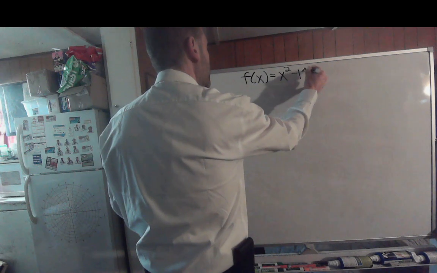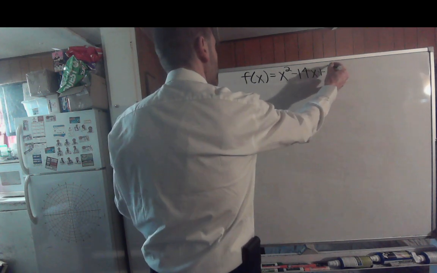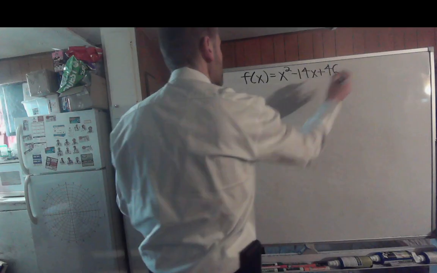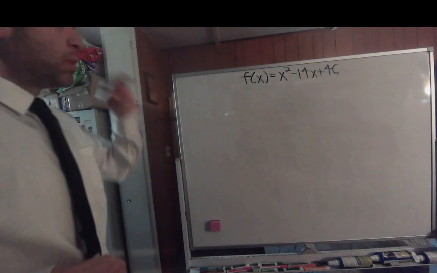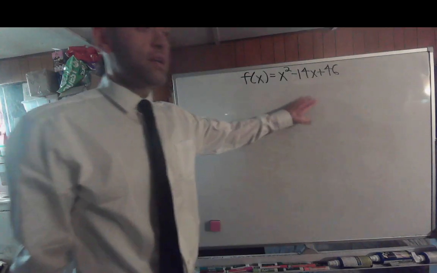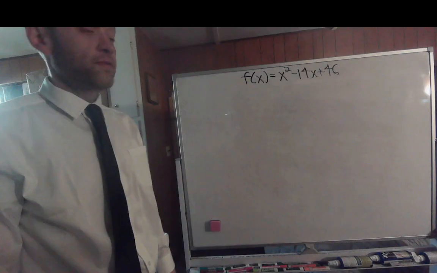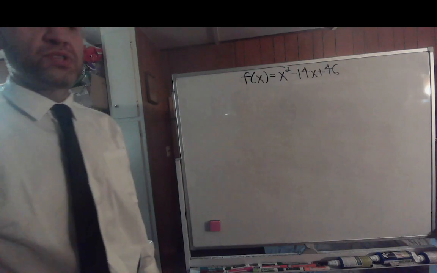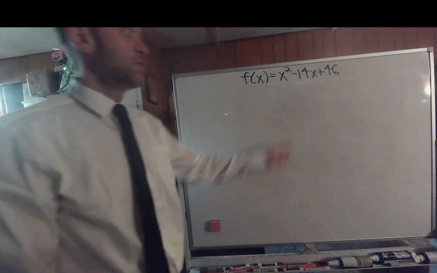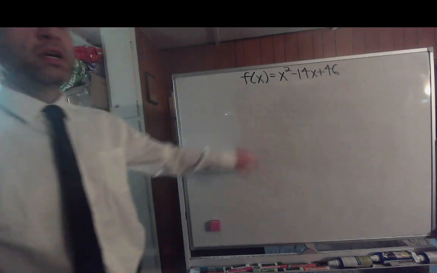So we have f of x equals x squared minus 14x plus 46. Well, clearly this is not factorable. So we can use one of 2 methods to solve for x. We can either use completing the square or we can use the quadratic formula.